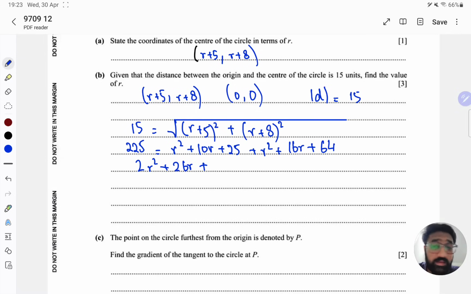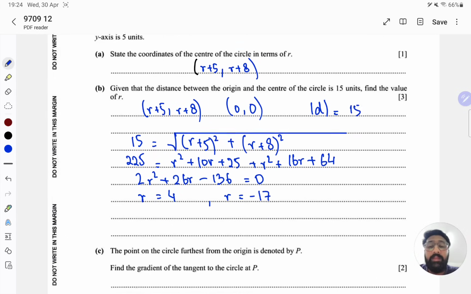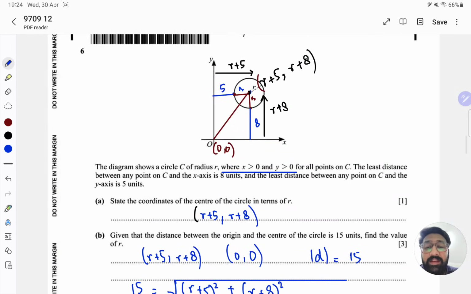So it is 25 plus 64 minus 225, which will give us minus 136 equals 0. I have to do the middle term breaking, 26 and minus 136. One value of r will be 4, and the other value of r will be minus 17.